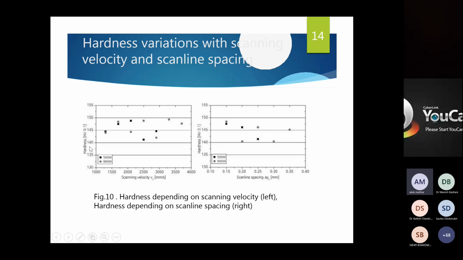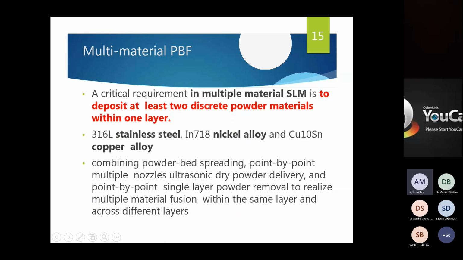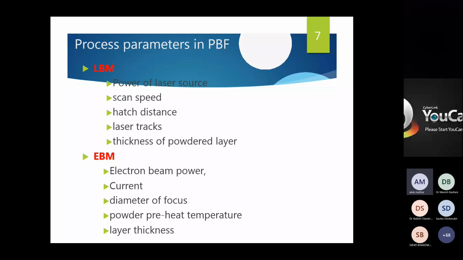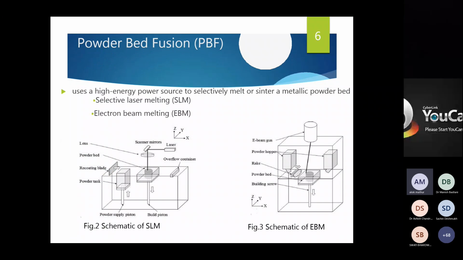And here we can see hardness is somewhat increasing with the scanning velocity. So this is the first method we have covered, that is PBF, and it has variations: SLM, LBM and EBM.